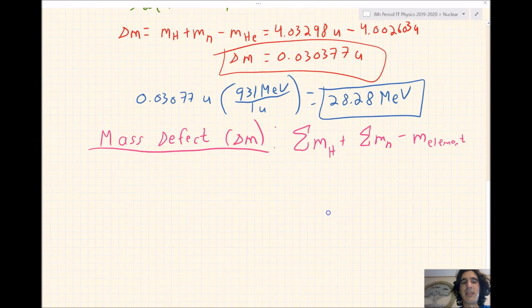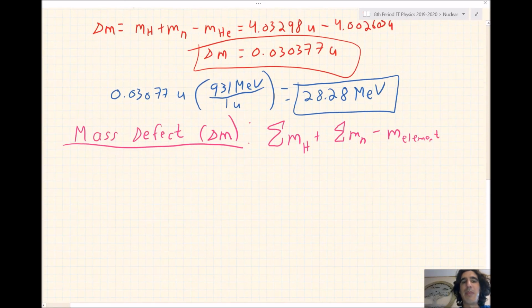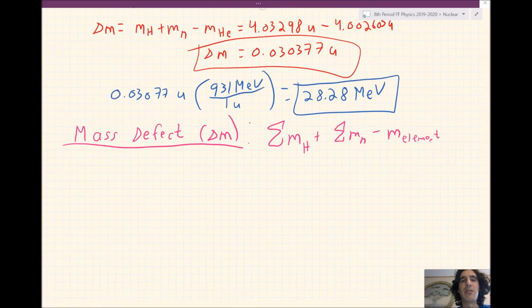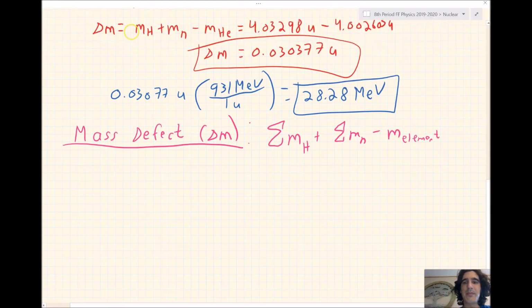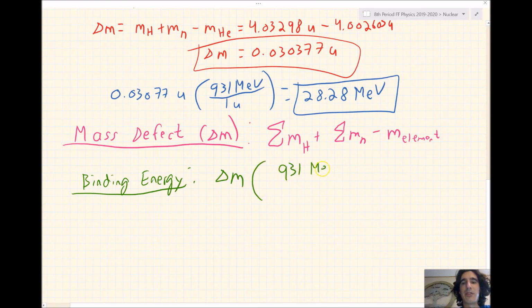So that's how we calculate the mass defect. And then for the binding energy, all we have to do is convert it using universal mass units. That's just 931 mega electron volts is equal to 1 universal mass unit. So we could say that it's whatever the mass defect, delta M, times 931 mega electron volts per 1 U.